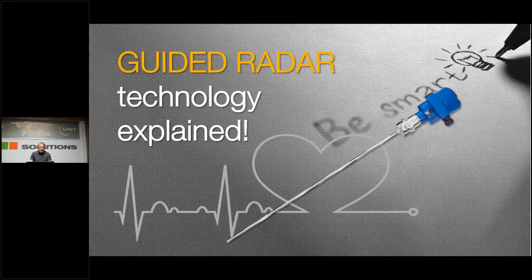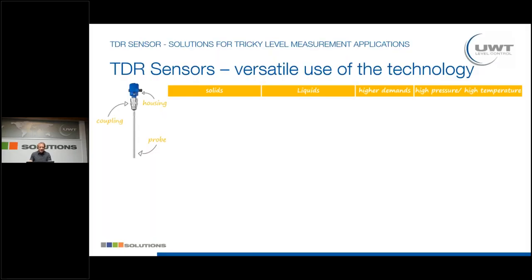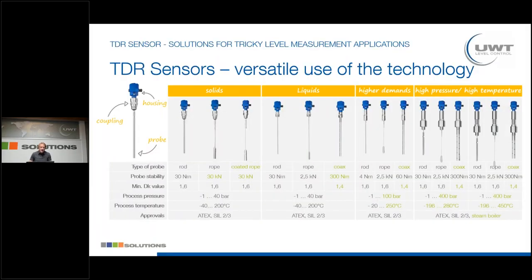So when we're now having a closer look at the technology, first of all the sensor, the basic components are the housing, the coupling, and as I already mentioned, the probe. We do have sensors for solids, for liquids, for higher demands, and then for the high pressure, high temperature applications.